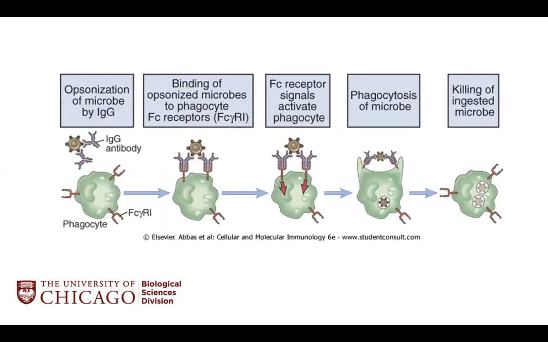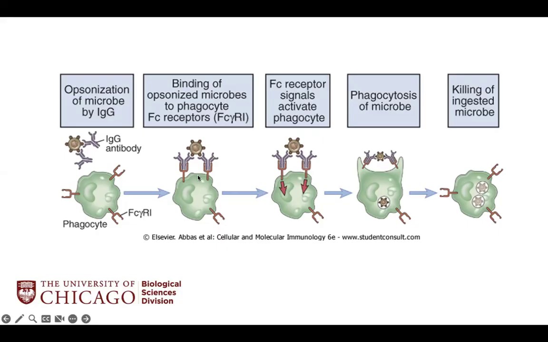Okay, so here is a nice picture of exactly what happens when opsonization occurs. Again, you have your microbe and your IgG antibody, but instead of acting just out of steric hindrance, or physically blocking this microbe from being able to bind to a receptor in order to affect a cell, it is purposefully causing this microbe to be more likely to bind to a receptor on a phagocyte, specifically these FC gamma R1s.